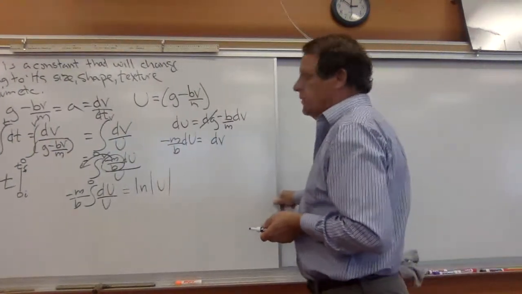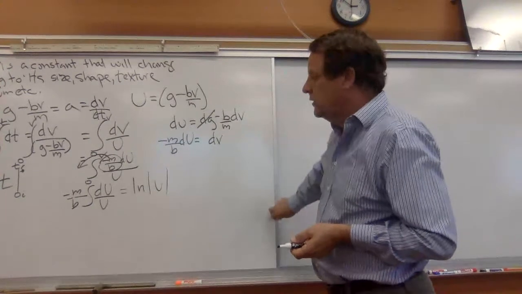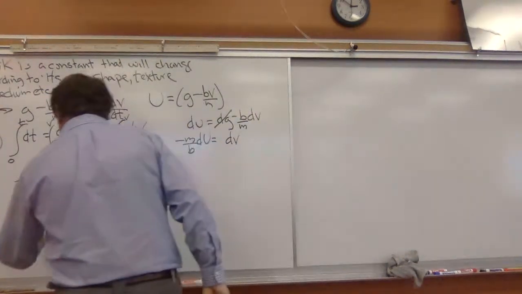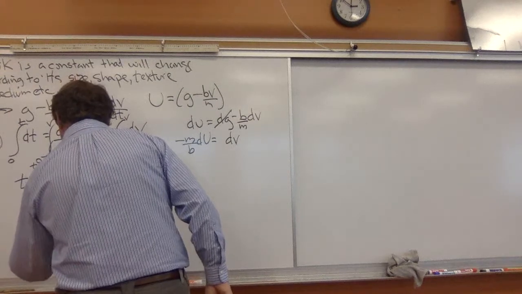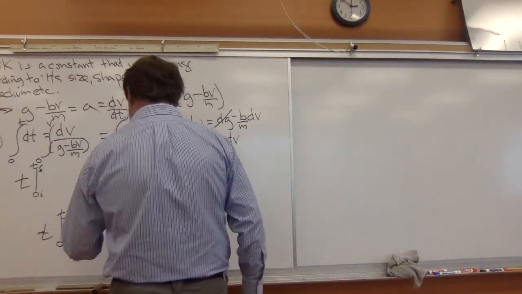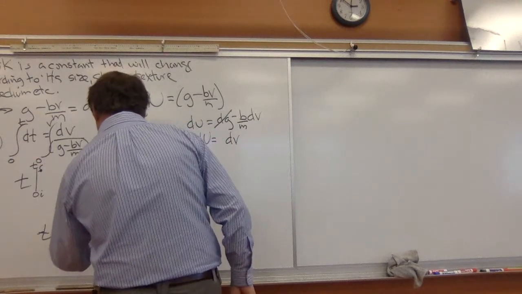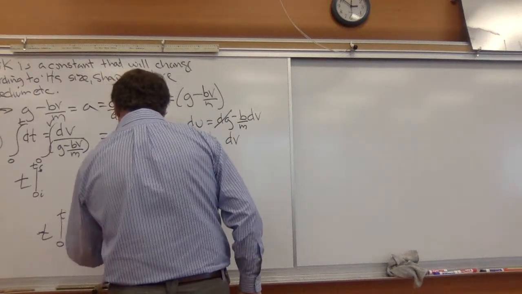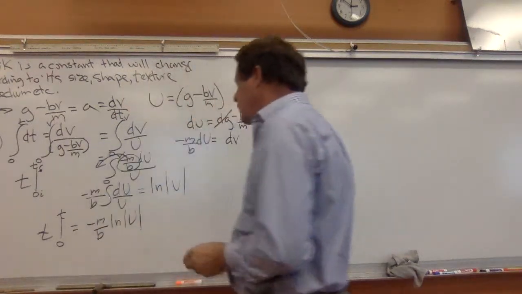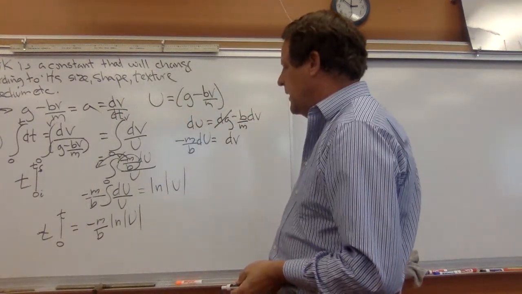Okay, so let's kind of summarize it right there. So we're going to have t from 0 to t, and this is going to equal negative m over b times the natural log of the absolute value of u.